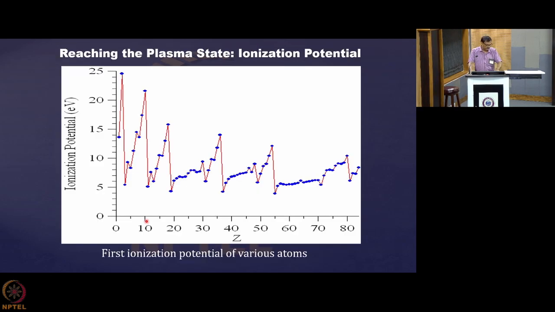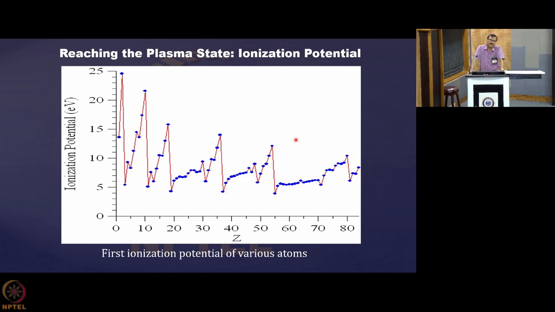Now you have understood that the key to reaching the plasma state is to ionize the substance you have. In the periodic table, as you increase Z, the ionization potential shows a zigzag path with a decreasing trend. The peaks are for the inert gases: helium, neon, argon, krypton, xenon, radon, because of their inert gas configuration.